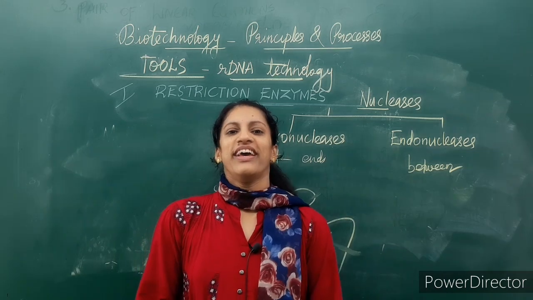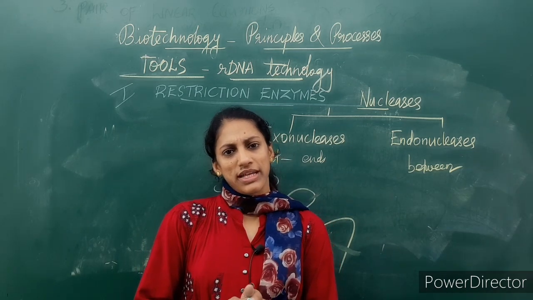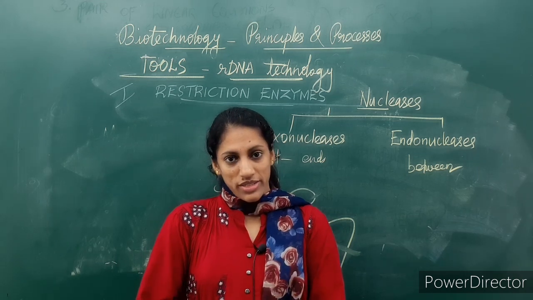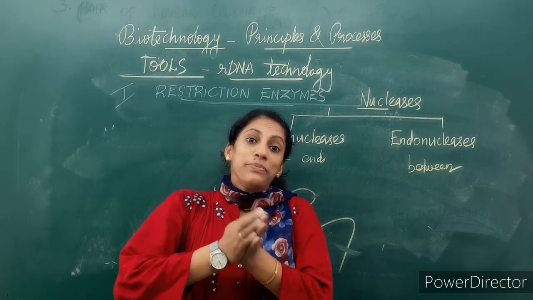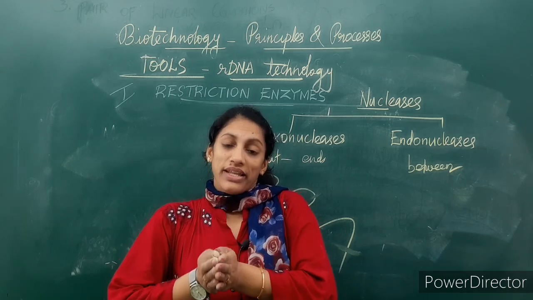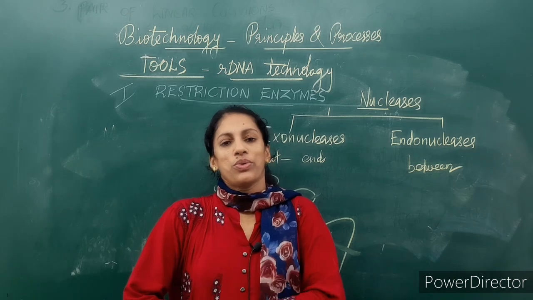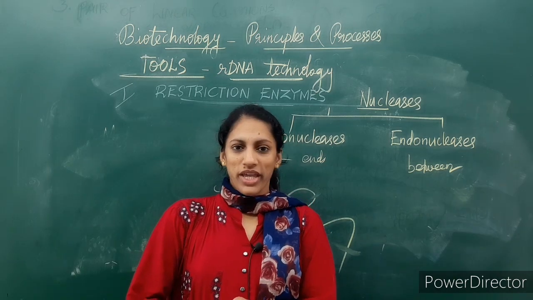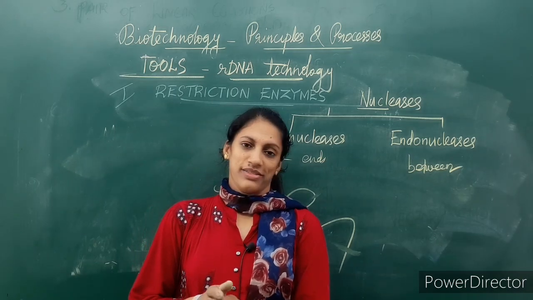What is a restriction endonuclease? A restriction enzyme which can cut the DNA in between, within the strands, is called a restriction endonuclease. If it cuts only from the ends, that is an exonuclease.